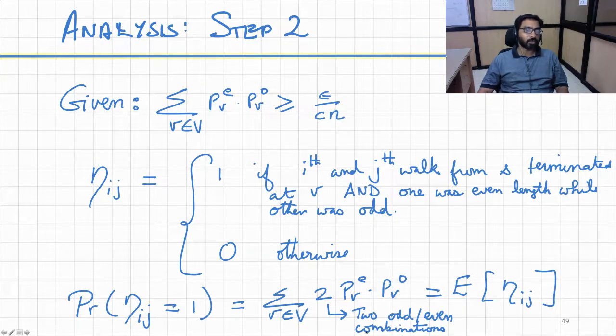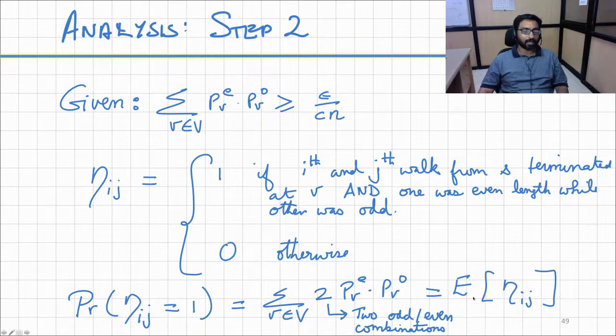So that's why we have this 2, because there are 2 ways in which these can combine. And that's just for one vertex V. We therefore have to sum over all possible destination vertices V, and this summation gives us the probability that eta ij equals 1.